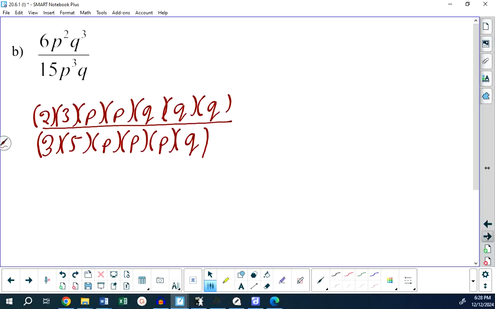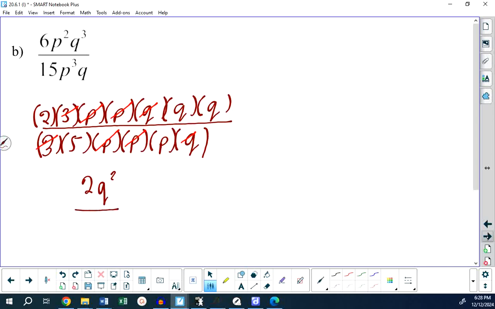I just want to double check. I've got p squared and q cubed. 15, I think that's all good. The bottom line here is I have a factor of p and a factor of p, a factor of p and a factor of p. I've got a q on a q. I've got a 3 on a 3, which leaves me with, in the numerator, 2. The p's are gone. I have q squared.